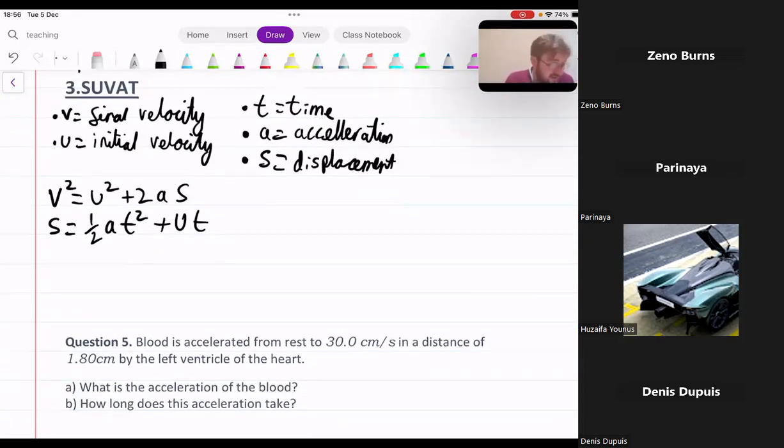And then finally, what are these equations for? These equations relate velocity, distance, acceleration, and time, whenever you have constant acceleration. So I'll put the final one in as well. So displacement can also be given as final plus initial velocity divided by 2 times time.